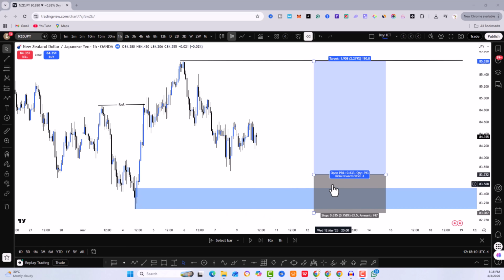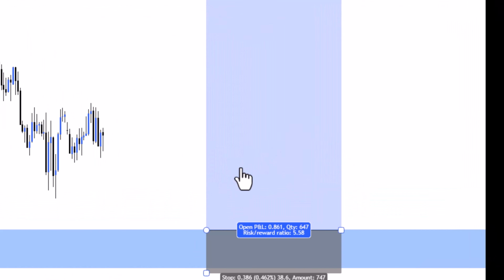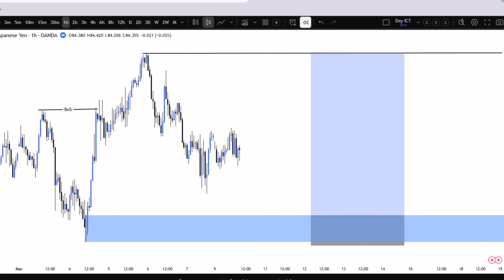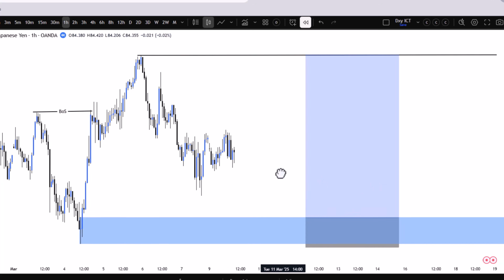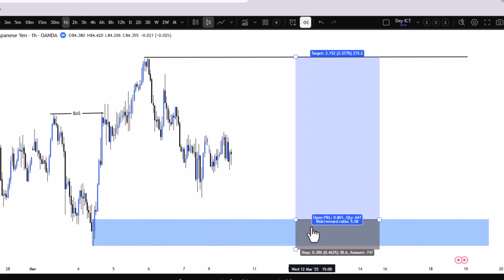So from the 4-hour position of 3.08%, if we were to move our entry to the top of this zone without changing anything else about the trade, we are now at 5.58 risk reward, which means in this instance, we have added 2.5% potential to the exact same trade. And all we had to do to get there was drop the time frame from the 4-hour to the 1 hour and refine to this level.